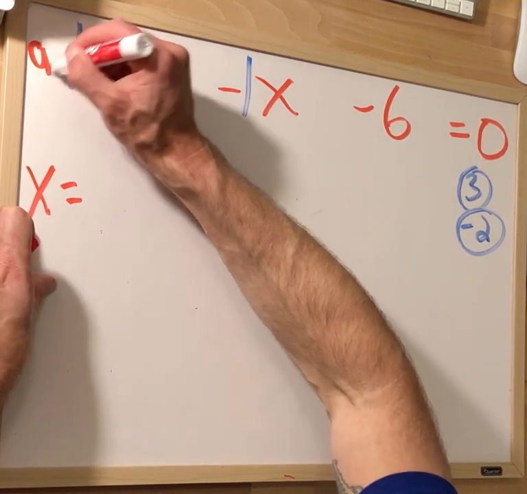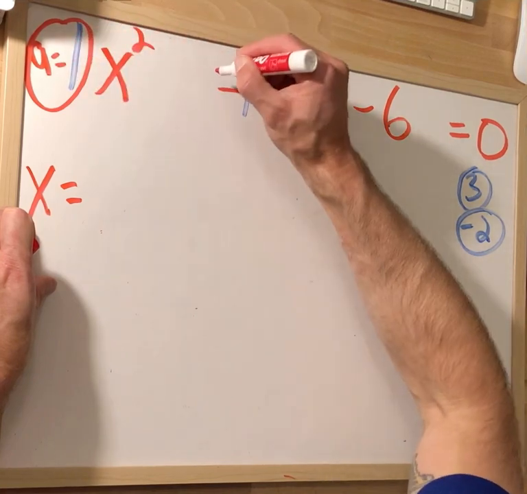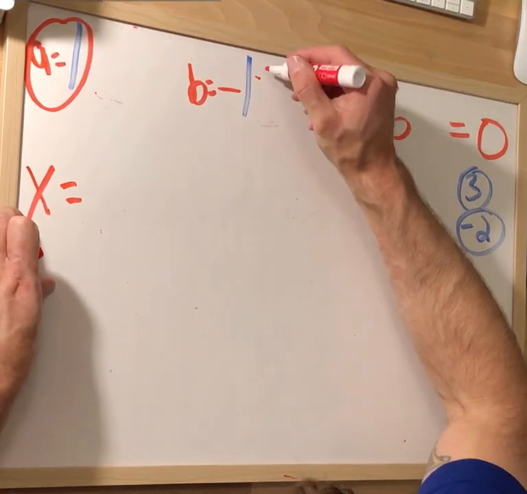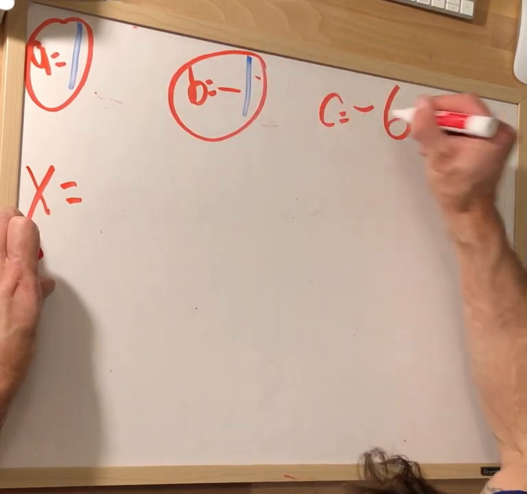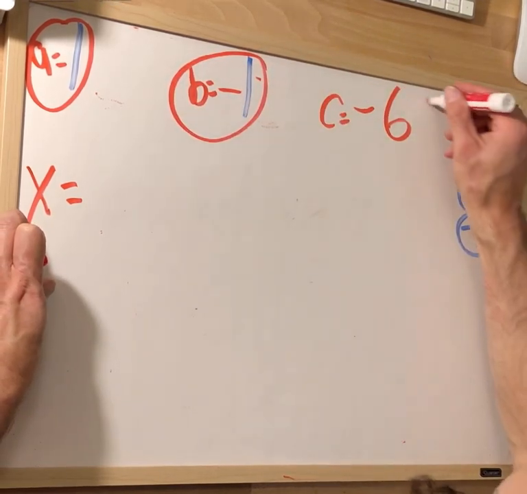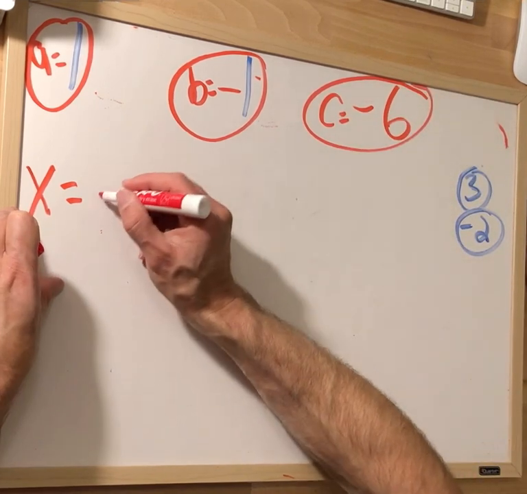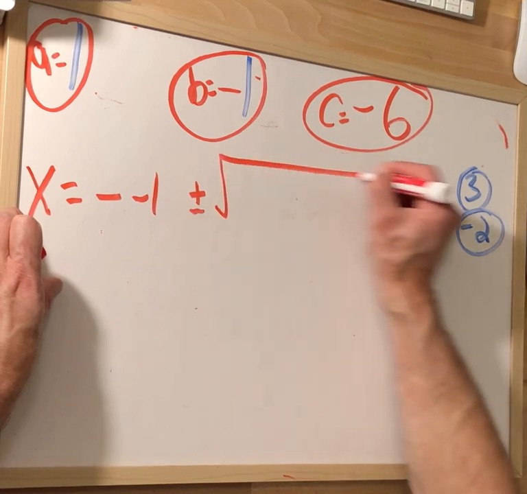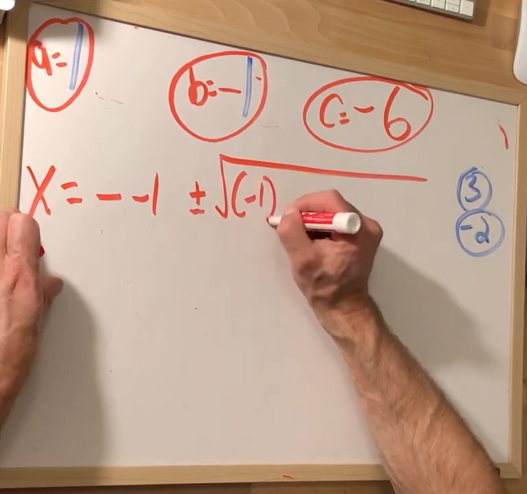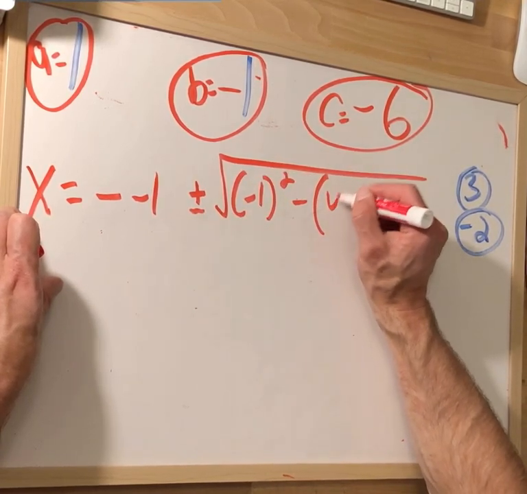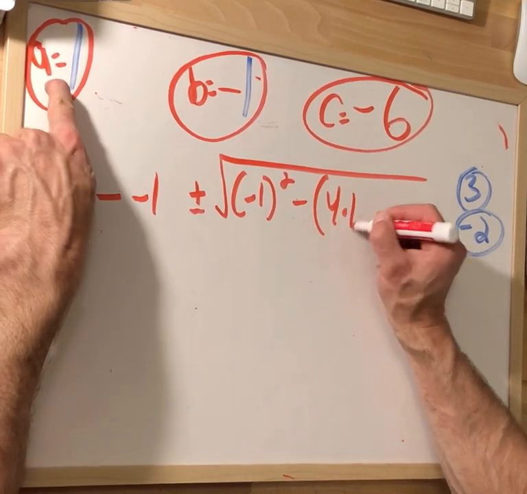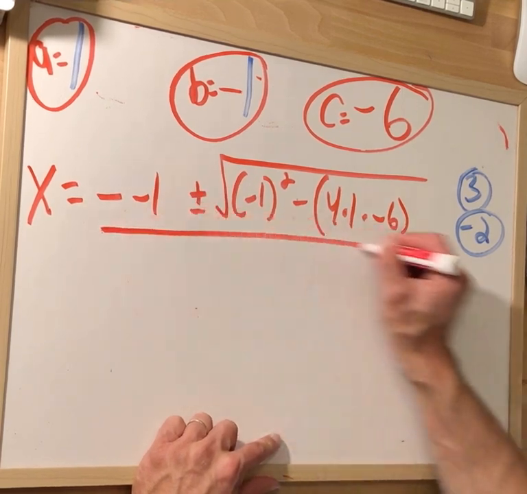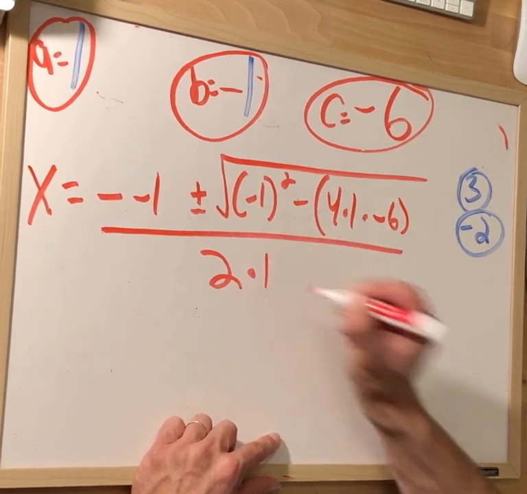This is my A, this is my B, and this is my C. So x equals negative b, which is a negative 1, plus and minus the square root of b squared, so negative 1 squared, minus parentheses 4 times your a, which is 1, times your c, which is negative 6, all divided by 2 times my a, which is 1.